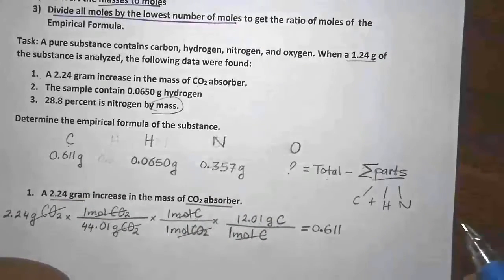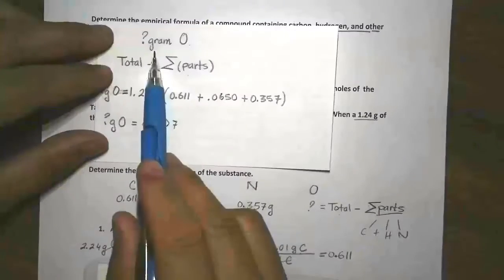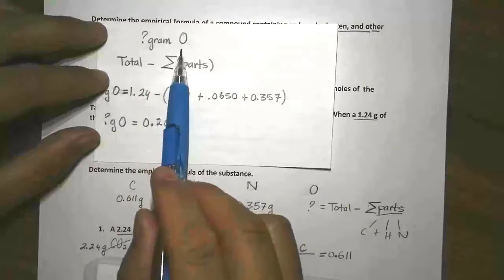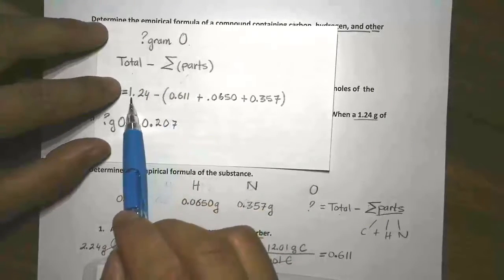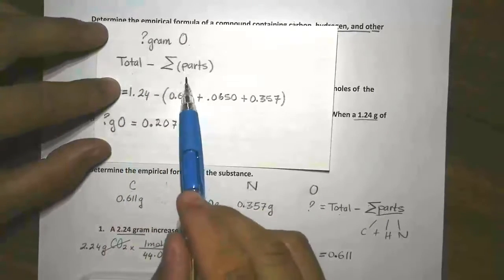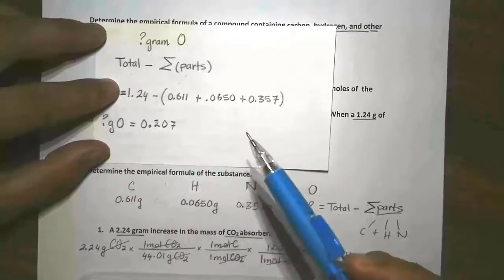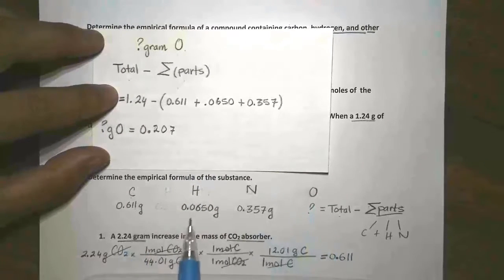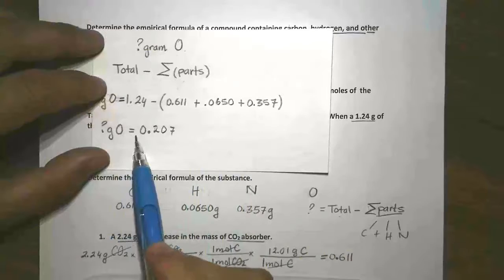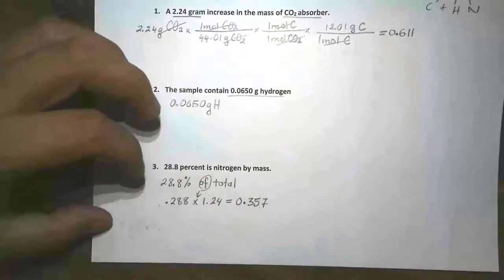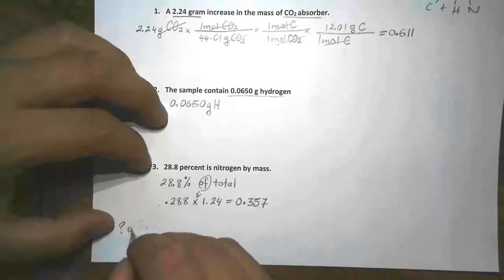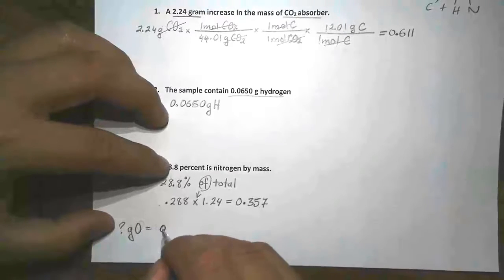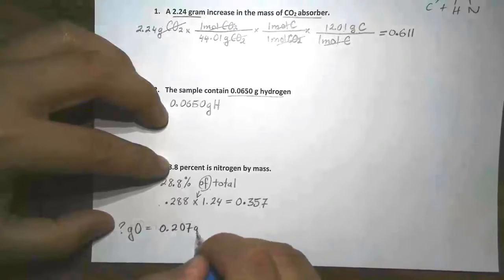So once we do that, we are going to get our answer. To solve for grams of oxygen, we take the total, which is 1.24, minus the sum of all the parts, which is the mass of carbon, hydrogen, and nitrogen, and that gives us the mass of oxygen. So our mass of oxygen is equal to 0.207 grams.